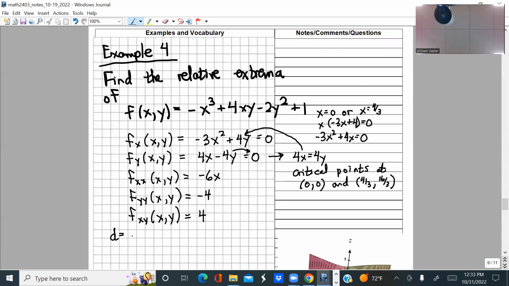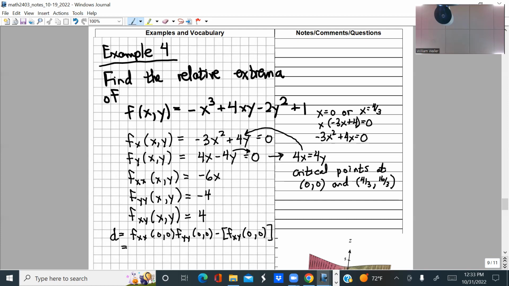So how do we do that? It's going to be what? f sub xx at this point, 0, 0, right? Times f sub yy at 0, 0, minus f sub xy at 0, 0. So what do we get out of that?